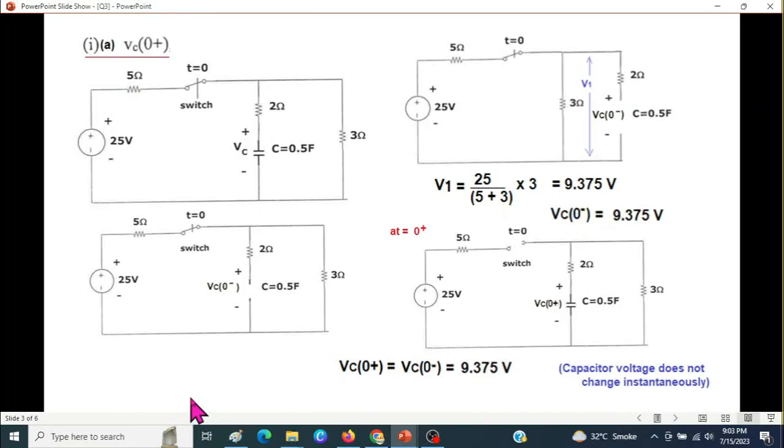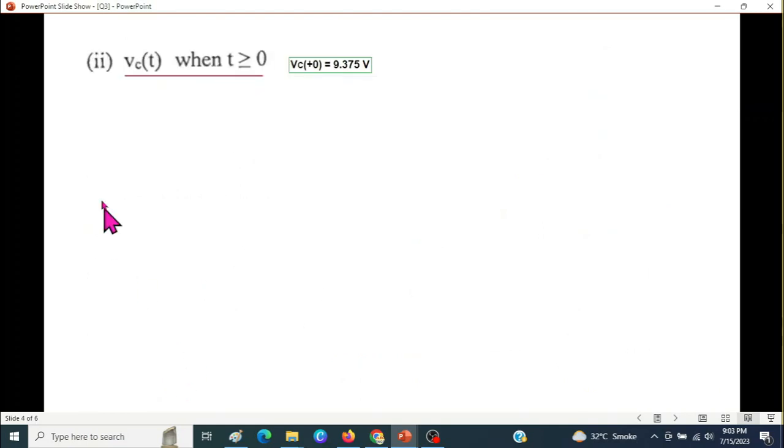Now, as I mentioned, to solve the second part we have to find VC(t), that is the voltage across the capacitor at any time t. We have already found VC(0), so we'll note it down here for reference.